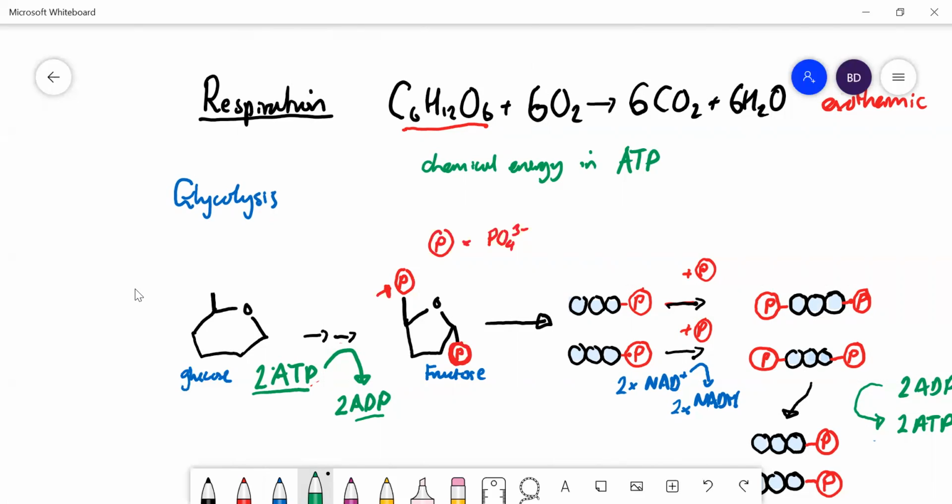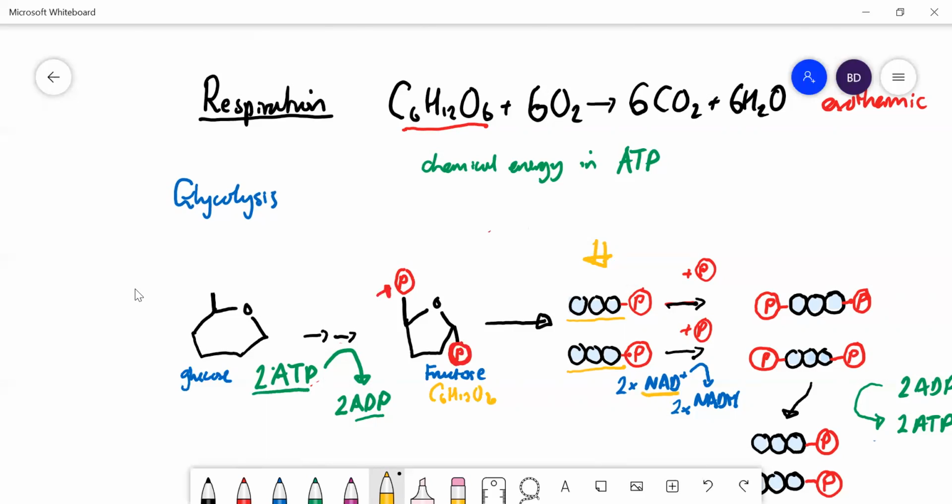Okay, so now we come to these diagrams here. Now those blue circles, each one's referencing a carbon atom. So the 6 carbon compound of fructose, so that's C6H12O6, has now been broken into 2 3 carbon units. And each one of those has got a phosphate group attached to it. Okay, now that 3 carbon unit is oxidized by NAD+.